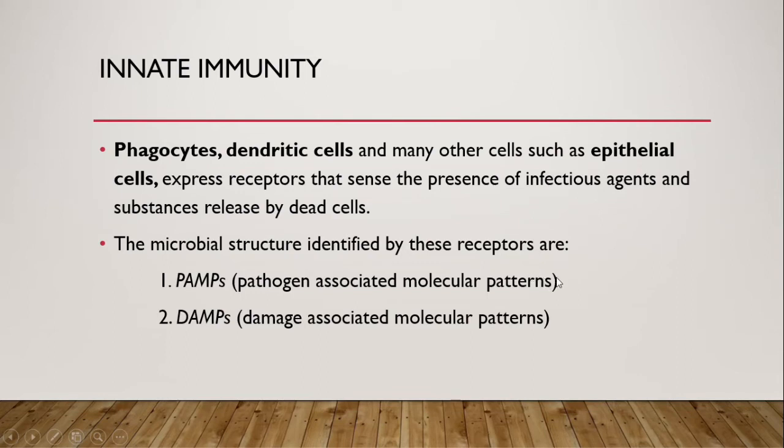While DAMPs are damage associated molecular patterns, these are the molecules that are from the damaged cells. This includes uric acid, the breakdown of DNA product, ATP that is released from damaged mitochondria, reduced intracellular potassium concentration because of loss of plasma membrane, and DNA.